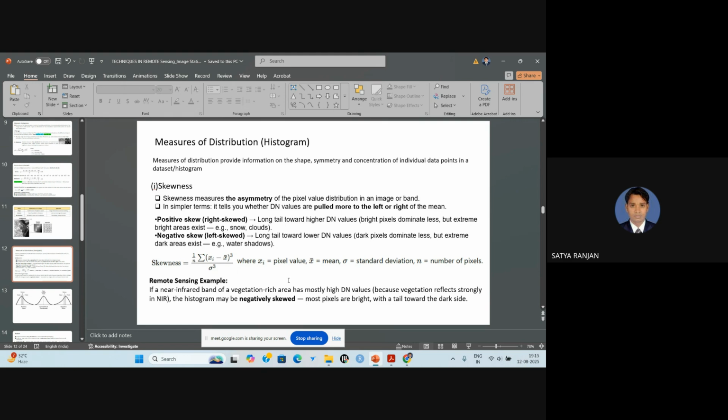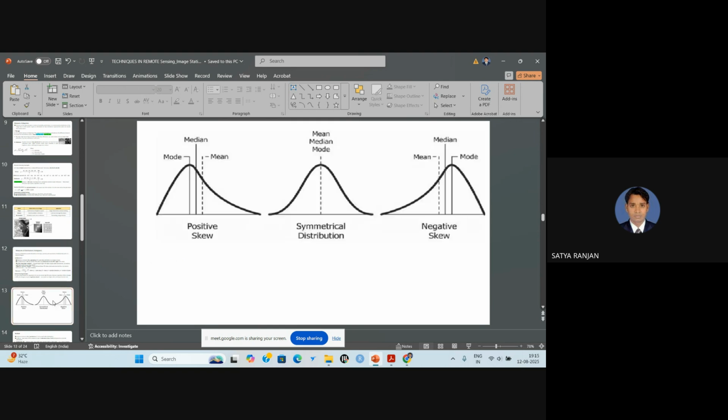From the remote sensing perspective, how is it used? A near infrared band of a vegetation-rich area has mostly high DN values, because vegetation reflects strongly in the near infrared, like evergreen forest and mangrove forest. Then the histogram may be negatively skewed: most pixels are bright, with a tail towards the dark side.